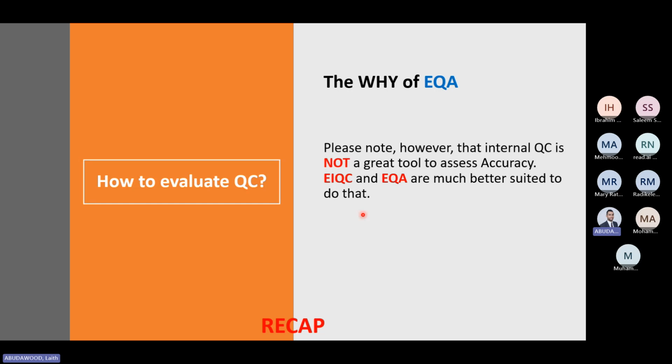We have much better tools, which are EIQC or externalized IQC, which is my expert QC, and external quality assessment, which we will be talking about. Okay, they are much better for you to assess your accuracy than your regular internal quality control.